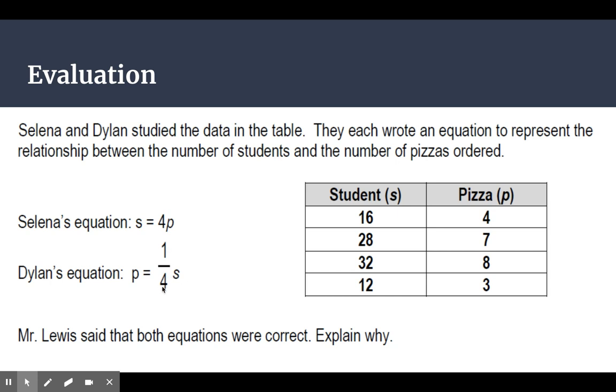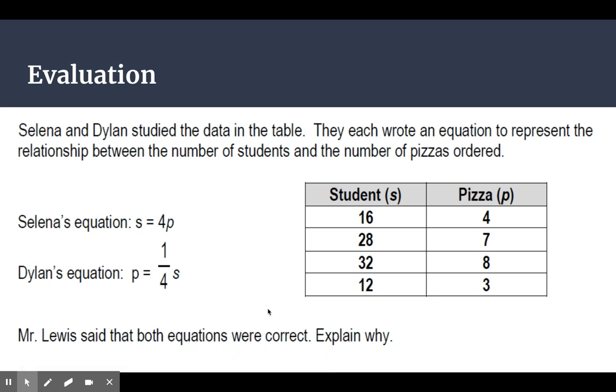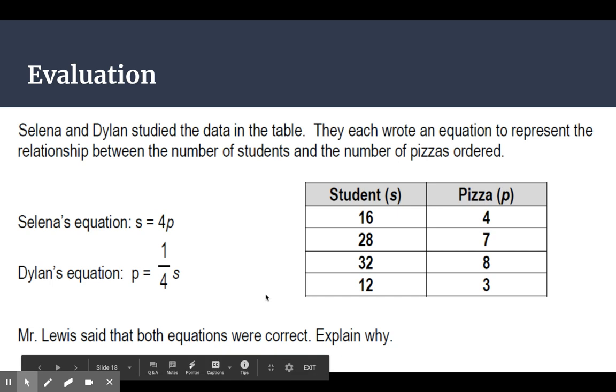So if I do 1/4 times 16 for S, which is the same thing as dividing 16 by 4, it will give me a total of 4 pizzas. So explain in your own words why Mr. Lewis said that both equations were correct in your student companion. Let's pause the video here as you type into the student companion for about 2 minutes.